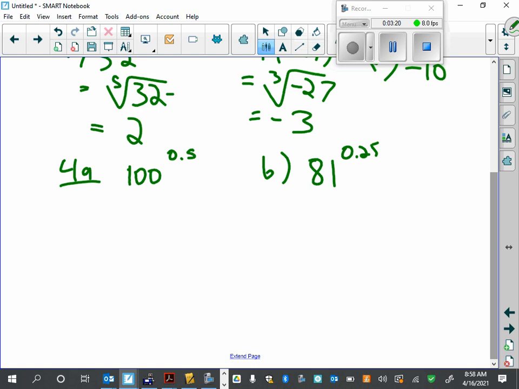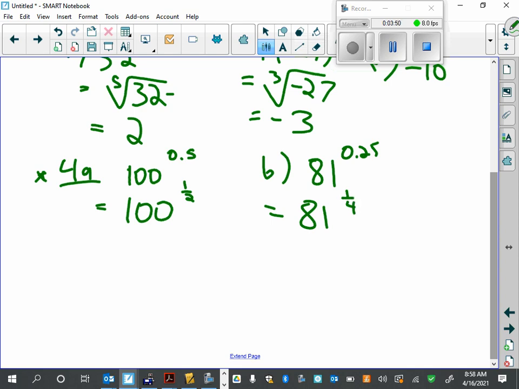Fractional. Fun to say, too. If you have a decimal exponent, and again, study star list, especially for the exam, whenever you see a decimal exponent, you turn it into a fractional exponent. If you don't know what 0.25 is, on your calculator, 0.25, math, fraction, enter, it will give you what?